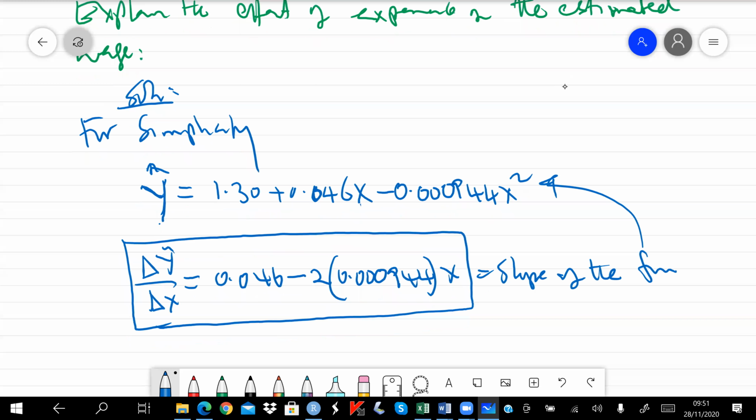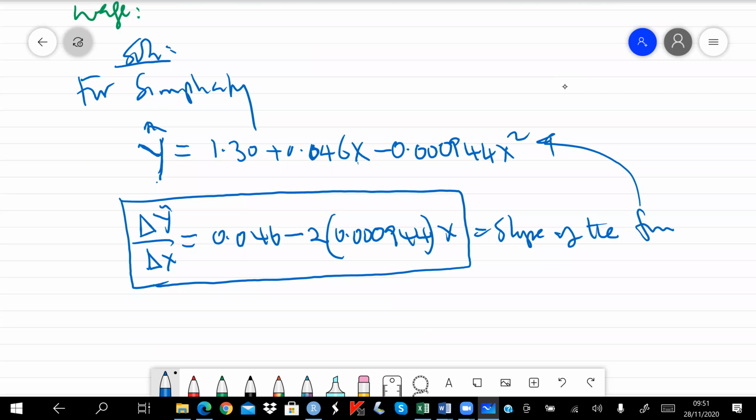That's the slope. And you see, for you to get the actual or exact slope, you need to get the value of X. So the slope, or the gradient, of this kind of function will be at a given point. The slope can be explained at a given point. It is not general, like in the case of a straight line.